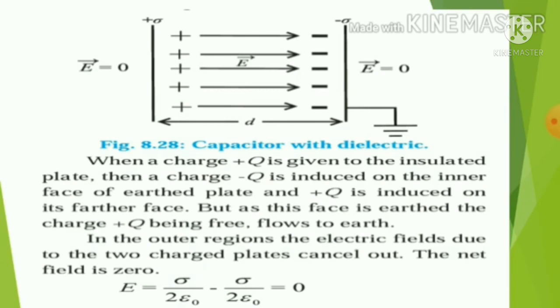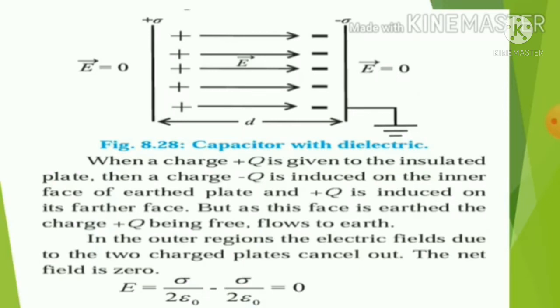In the outer regions, the electric fields due to the two charged plates cancel out. So on the outer surface of the first plate E equals 0, and on the outer surface of the second plate E equals 0, because they cancel each other.